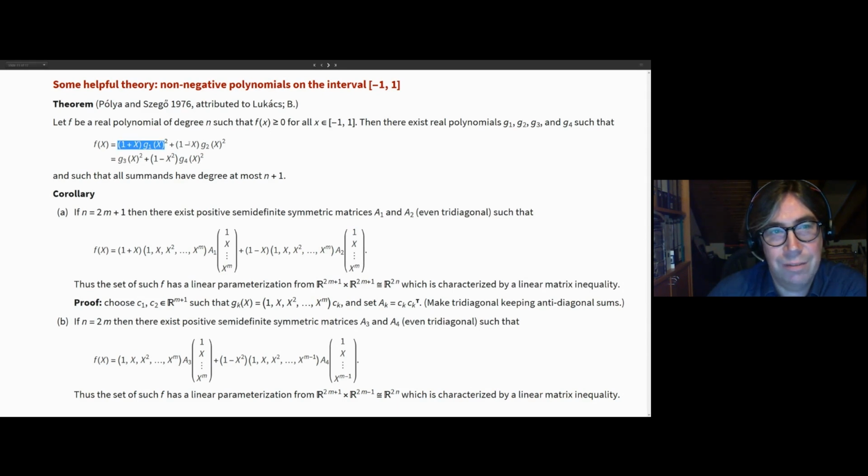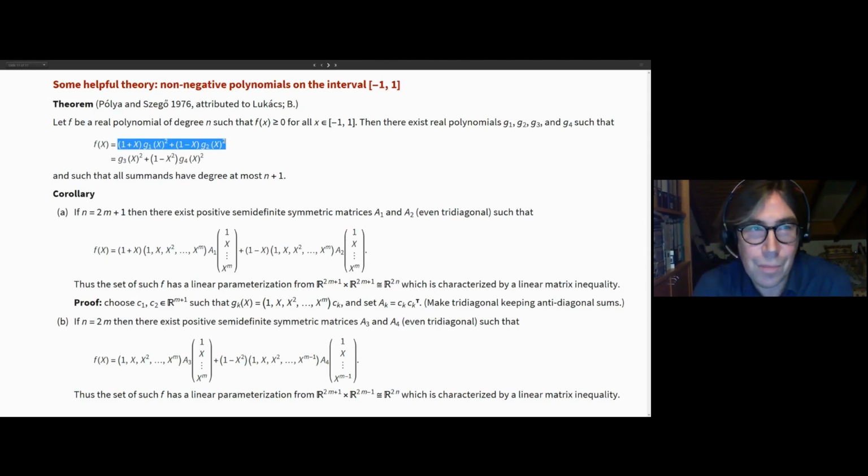So this is definitely a non-negative polynomial on the reference interval. And the theorem is that, surprisingly, every non-negative polynomial can be written in that way. And the 2 summands can be chosen such that their degree is at most 1 above the degree of f.